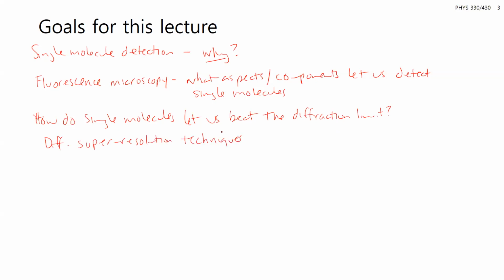And if we have time, we'll start to get into some of the other ways that single molecules are detected by electrochemical methods or possibly force, but we'll see how far we get.